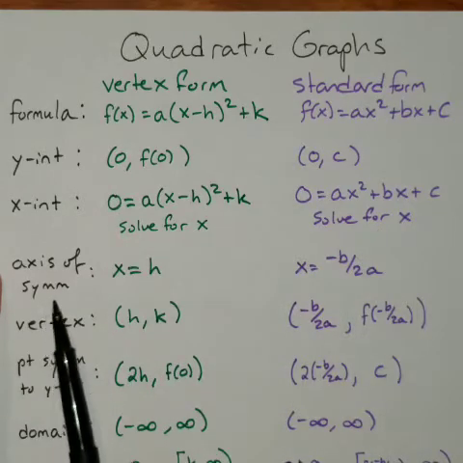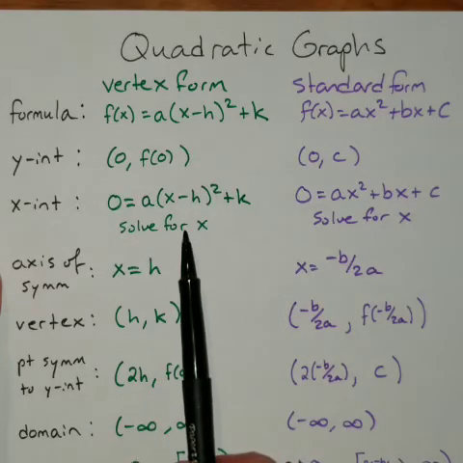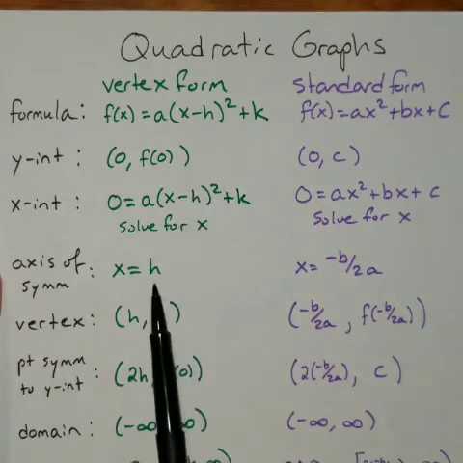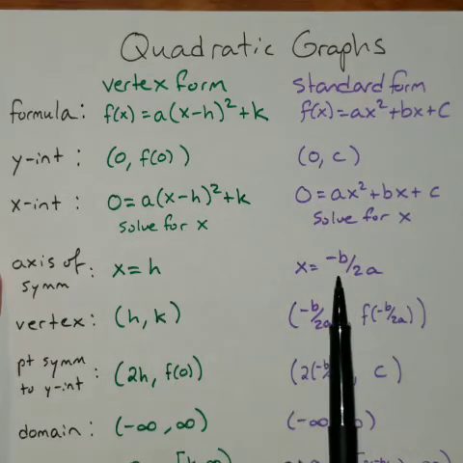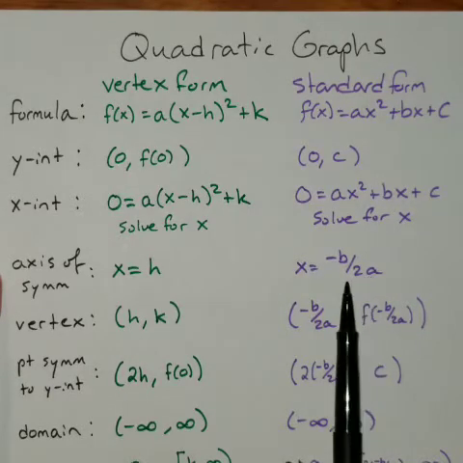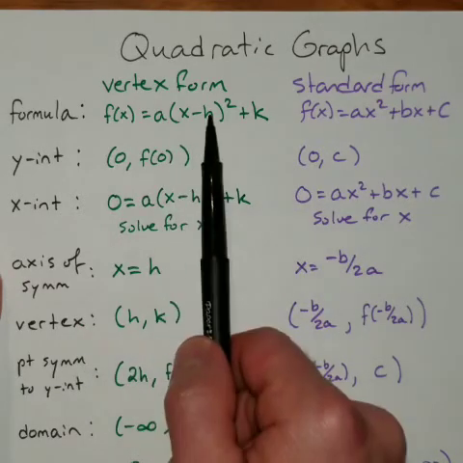The axis of symmetry, remember here the axis of symmetry runs through the vertex, so it's the x value of the vertex, which is the h. And in the standard form, it's that -b/2a formula that we got from taking the average of the x-intercepts. The vertex in the vertex form is the h and the k.